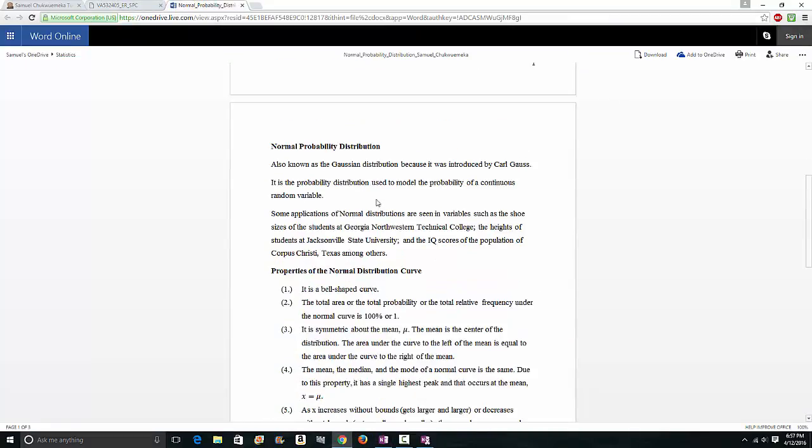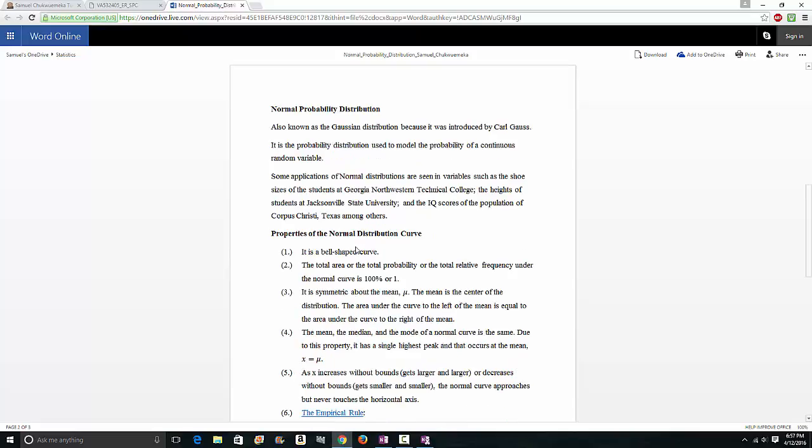What is the normal probability distribution? It is also known as the Gaussian distribution because it was introduced by Carl Gauss. Carl Gauss was a German mathematician. It is the probability distribution used to model the probability of a continuous random variable.